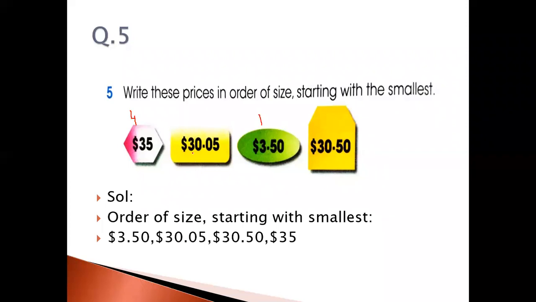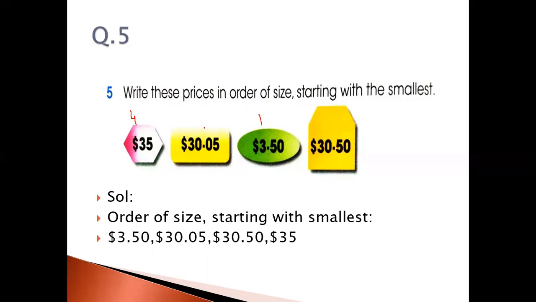Their whole parts are the same, $30 and $30, but from the fractional part we can conclude which one is second and which one is third. We move towards the decimal point, and immediately after the decimal point we get the tenths place, and the position below the tenths will decide which is greater and which is smaller.